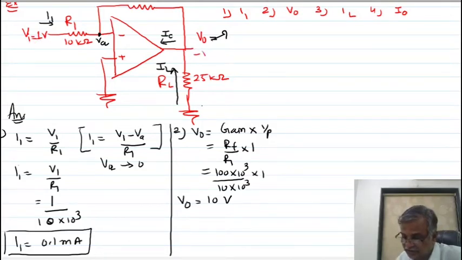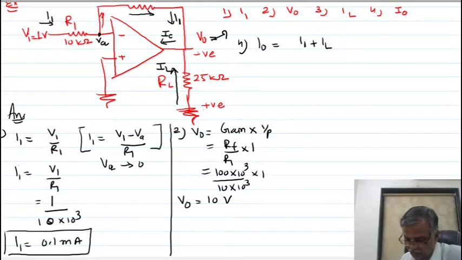This is considered positive because this is your ground. Current always goes from higher potential to lower potential. So current will flow like this, and this current will also go in this direction. So this is your I1. So from the circuit I can say the output current is nothing but I1 plus IL.